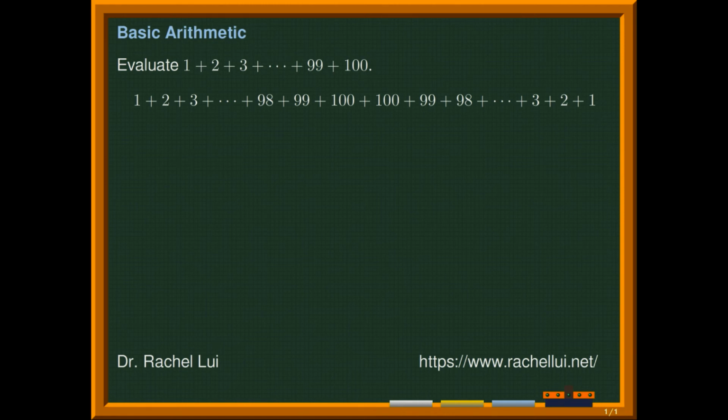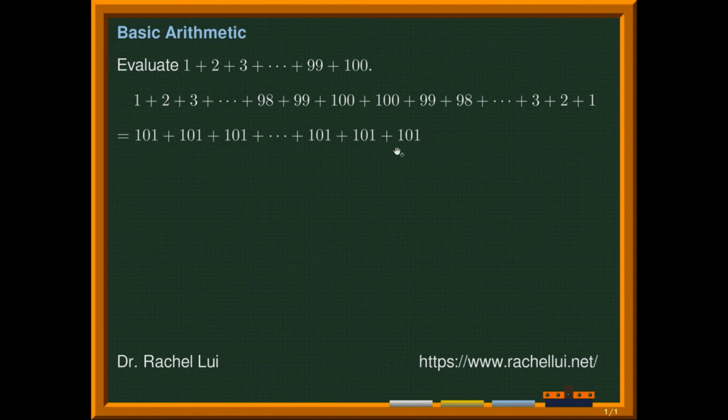The next step is he added 1 to 100, 2 to 99, 3 to 98, and so on, then 98 to 3, 99 to 2, 100 to 1. So at the end, he got a lot of 101.